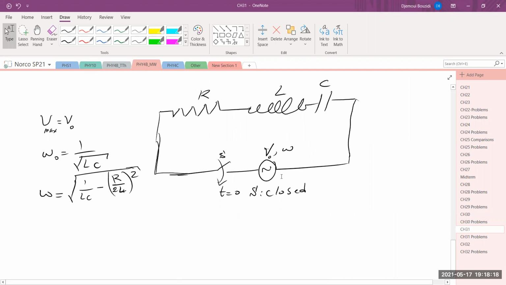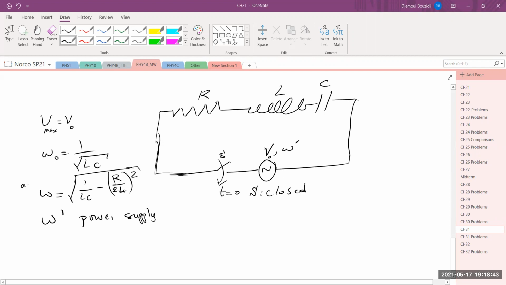And there is another omega now that I cannot call omega, but I'm going to call omega prime. This is omega prime coming from the power supply. This is the 50 hertz, if you like, or 60 hertz, 120 pi. So that is the signal that is giving you your circuit. So there is an additional omega now, from the power supply.